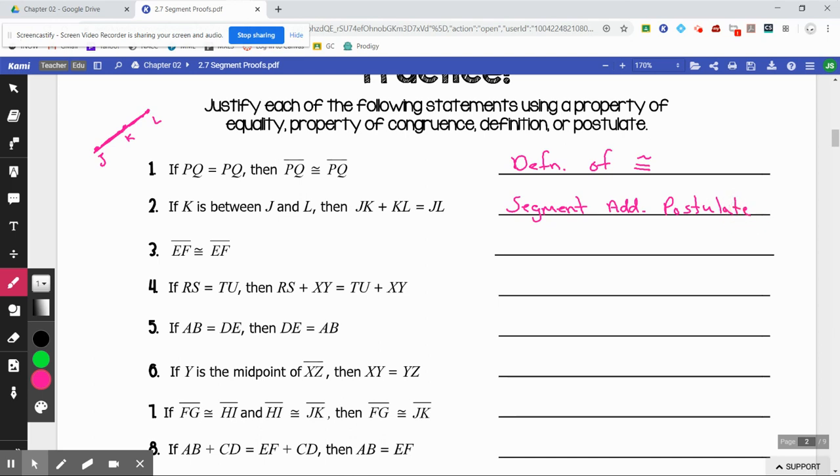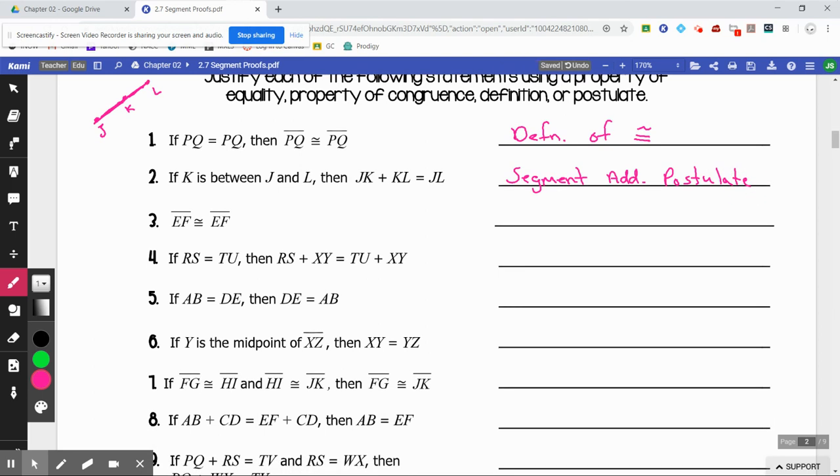I abbreviate addition there. Any line segment is always congruent to itself. Now notice the congruent symbol. So that's going to be one of your properties of congruence, and it's the reflexive property of congruence. And you can abbreviate property of congruence like that if you would like to.